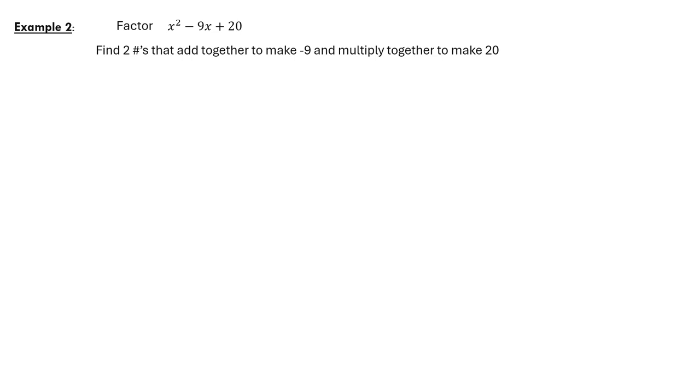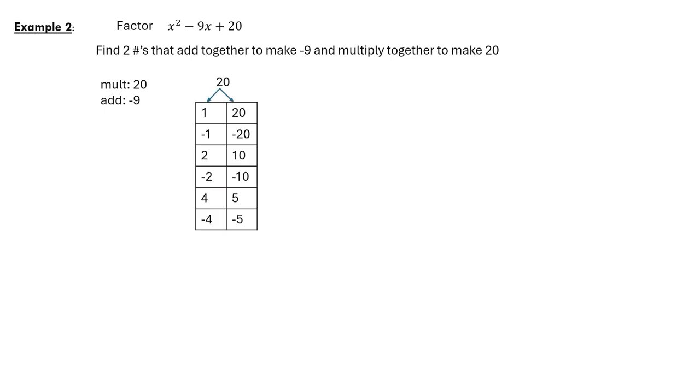So, factor x squared minus 9x plus 20. We're looking for two numbers that add up together to make negative 9 and multiply together to make 20. We'll start by listing all our factor pairs that will multiply together to make 20.